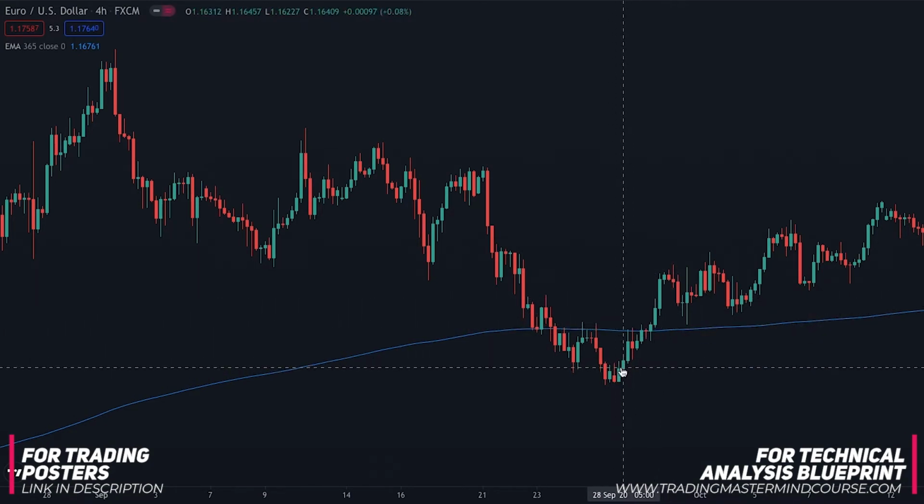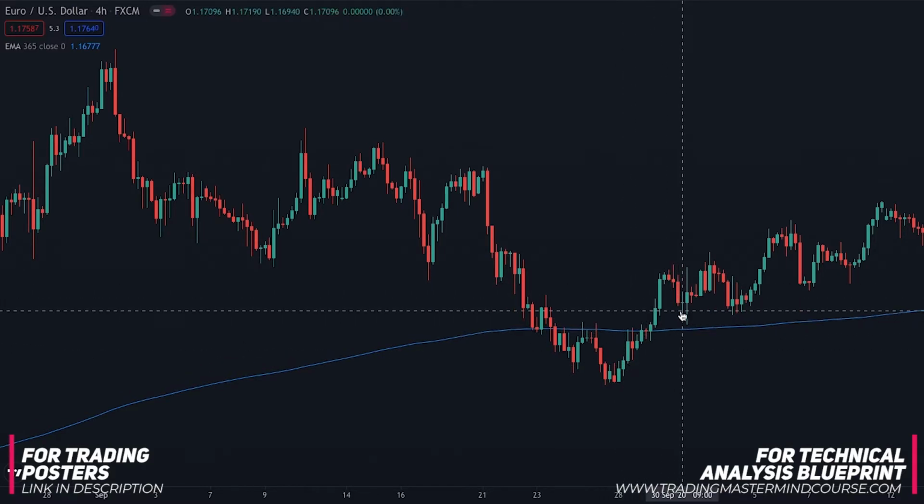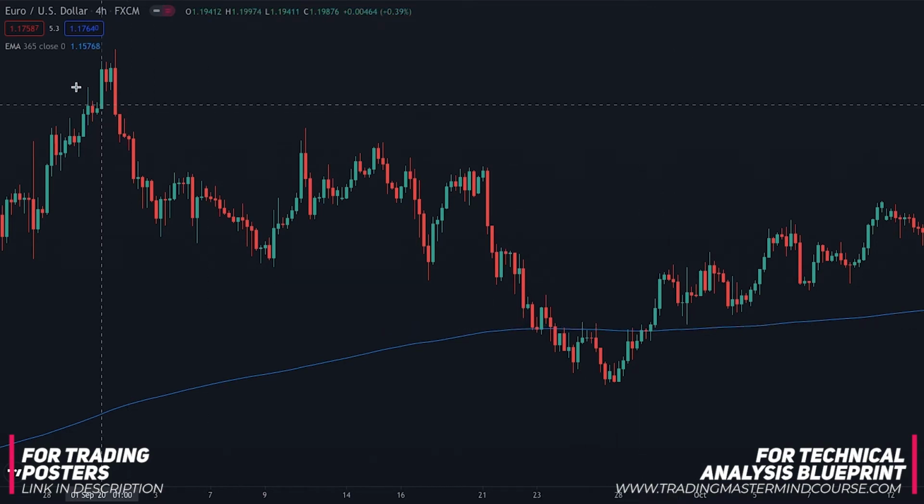So as you can see, we've had a break to the upside. We are now looking for a test of the 365 moving average so we can buy. As you can see, we have our test here and our first good candle signal, which would take us to a buy, is this huge upside bullish candle.